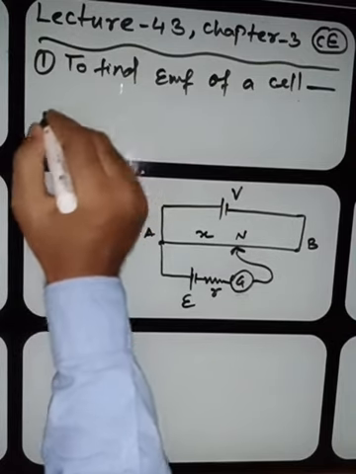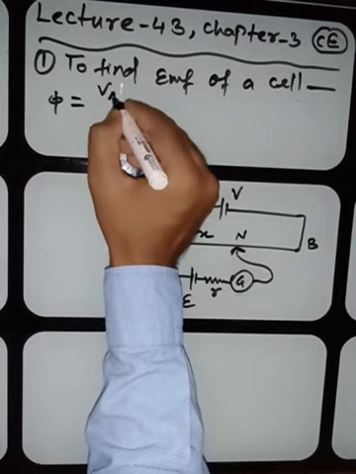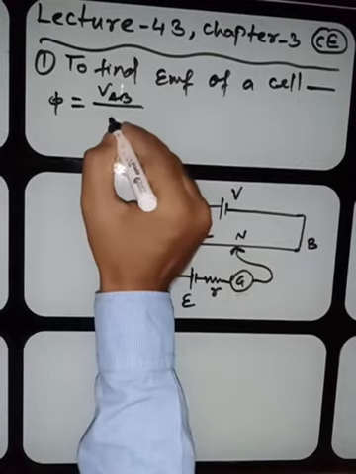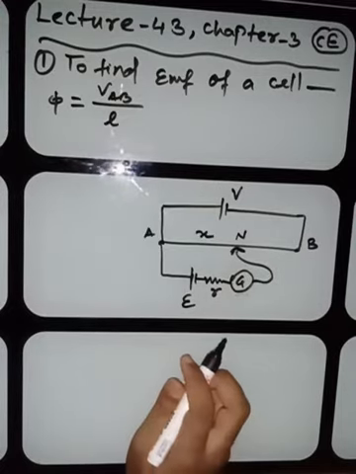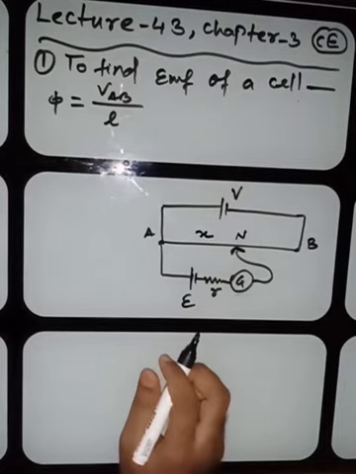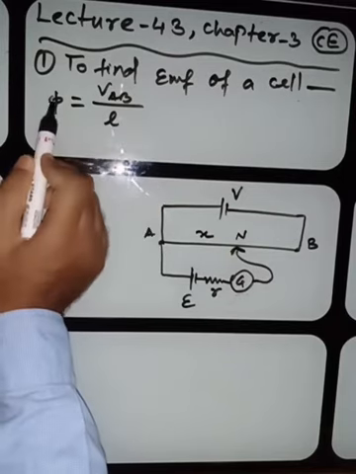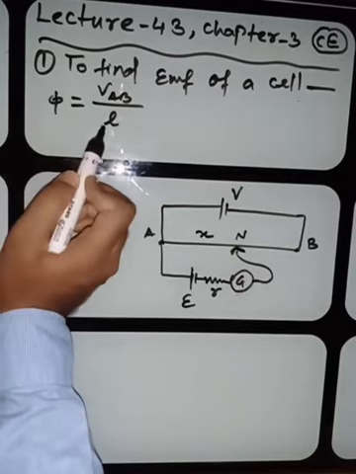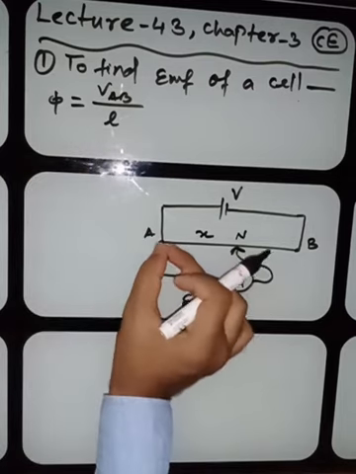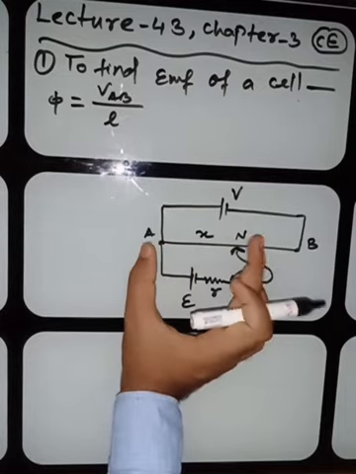The potential gradient phi is the potential across the wire, the ends of the wire, divided by the length of the potentiometer wire. phi equals VAB by L. If you want to find VAB, then simply multiply this phi with L. If you want to find the potential across a very small length, then multiply phi with that small length. Very simple.